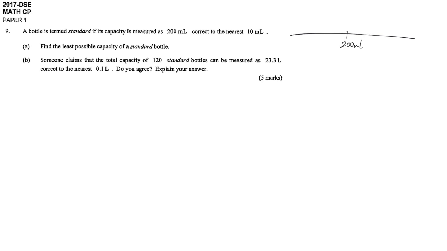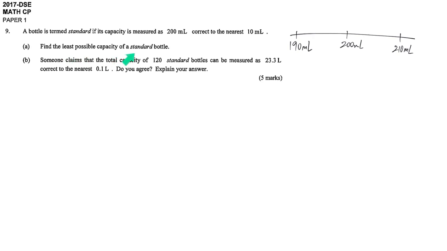Correct to nearest 10 means the next interval is 10 ml more than the measurable value. So every time we have an extra 10 ml, and then 190 ml on the left-hand side. So we don't have any interval in between. Any length or volume in the middle, we round off afterwards.